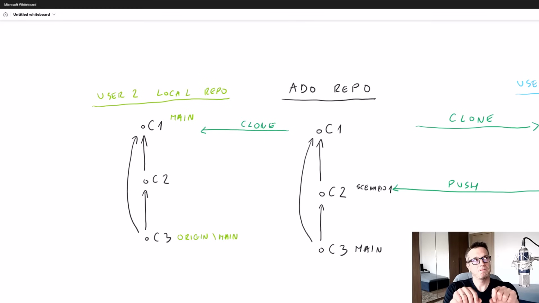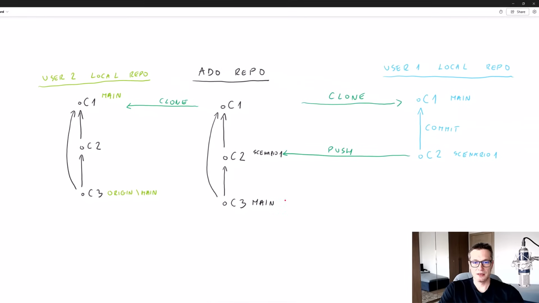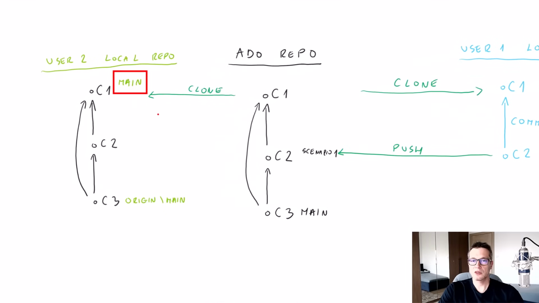Because when we fetched the state from the remote repository, Git updated its knowledge about all branches, including this scenario one branch, sorry, right? I didn't draw them here, but it is available. But the thing is that those changes are not available in your main branch. That's why fetch is safe.